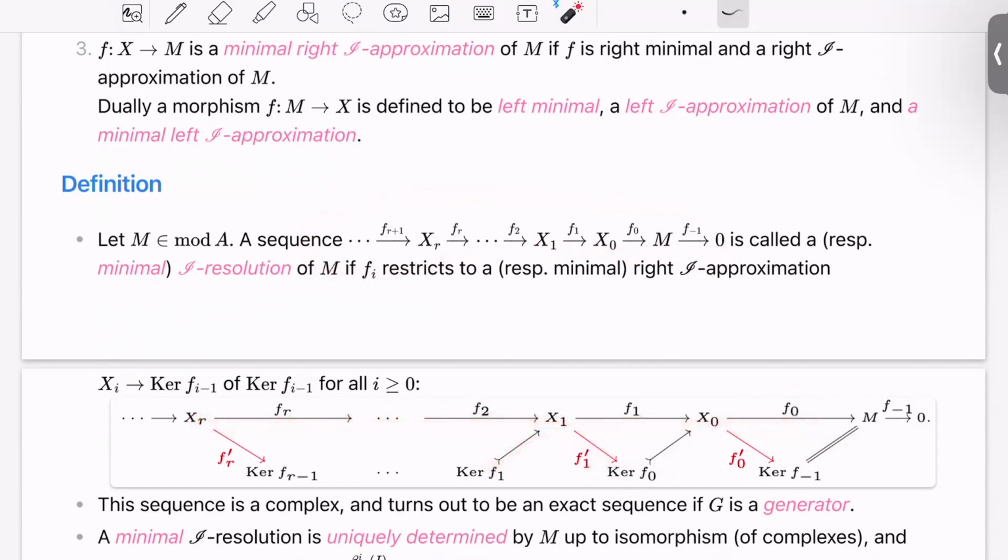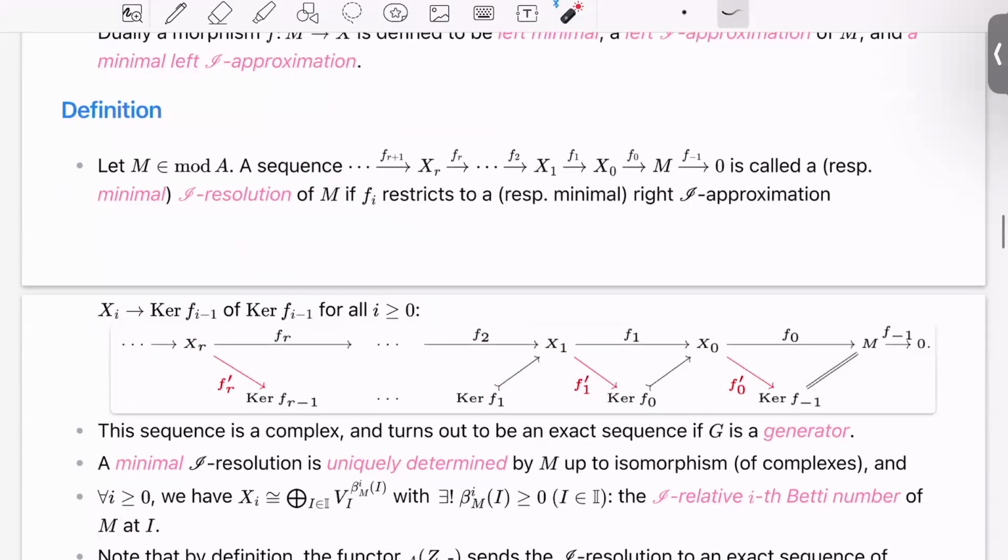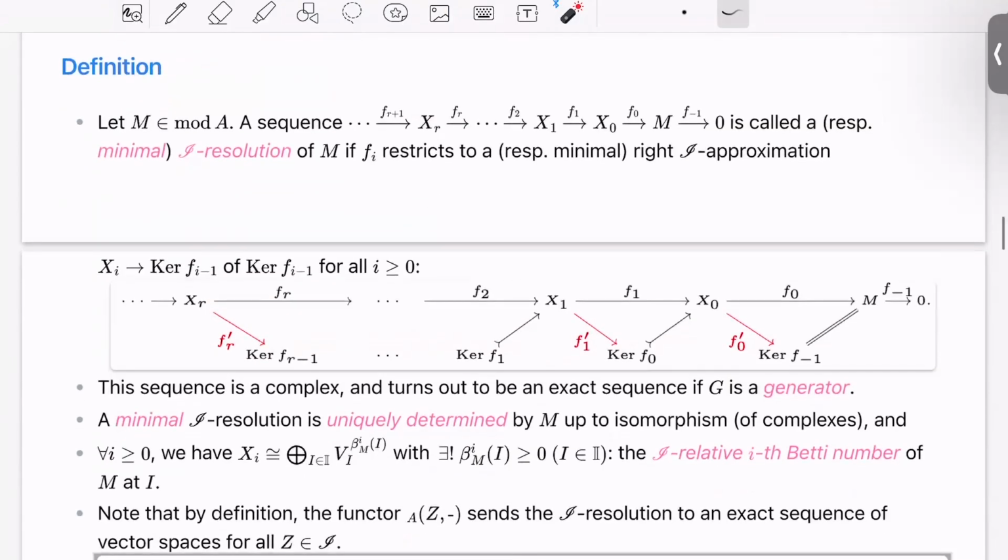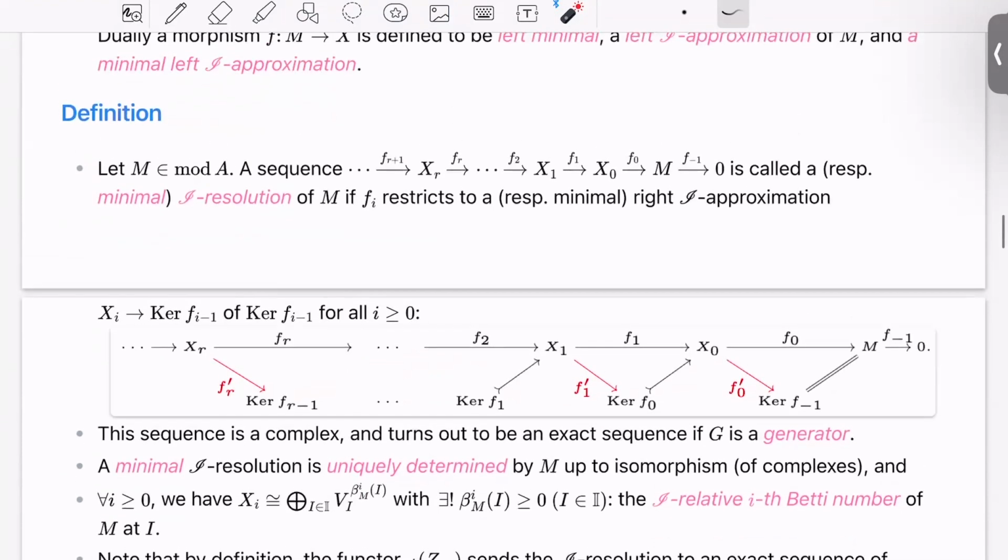So this is a complex. And if G is a generator, then this becomes an epimorphism, so this sequence becomes an exact sequence. But usually, in general, not. And a minimal sequence takes each step a minimal right approximation. In that case, it is called a minimal I-resolution.